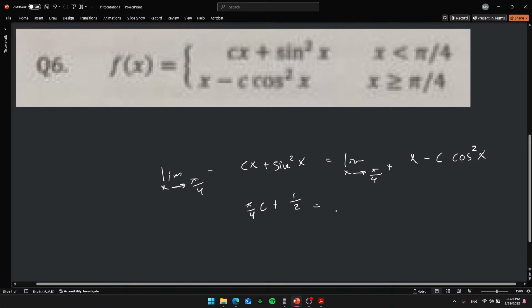I mean, yeah, it should be half because of the Pythagorean identity. Pi over 4 minus half c.